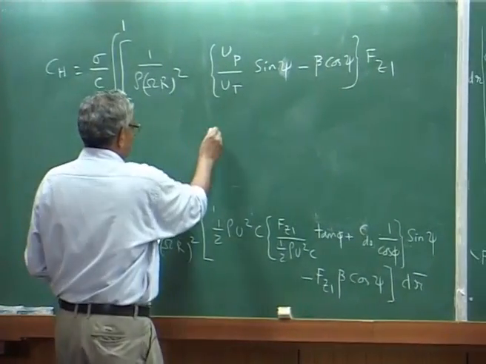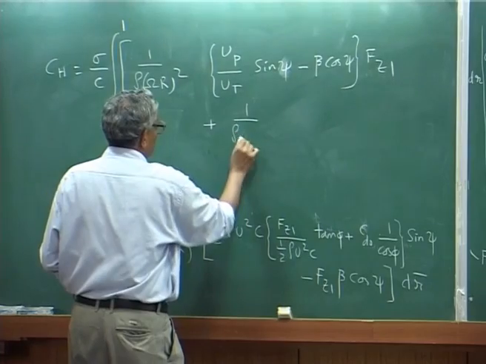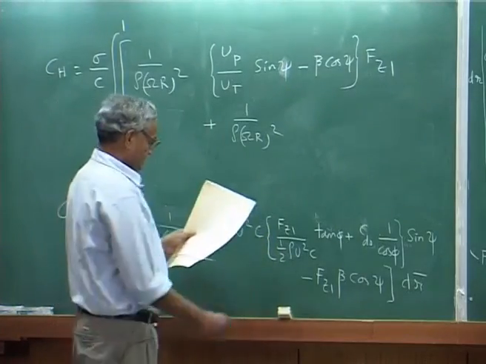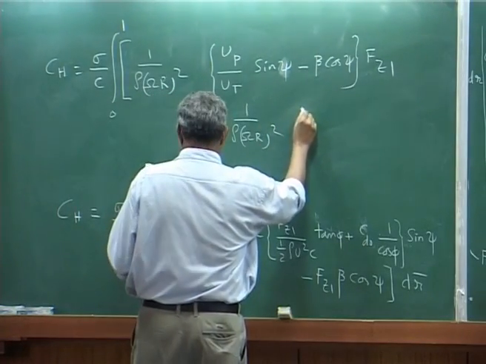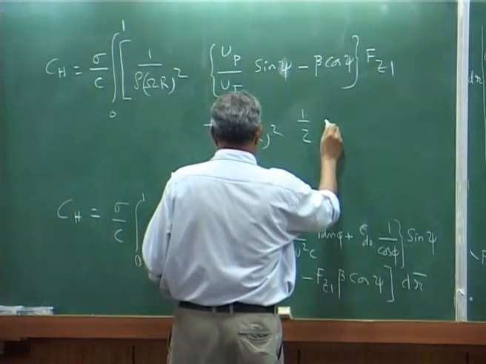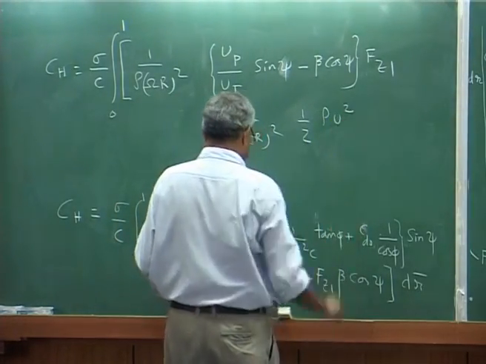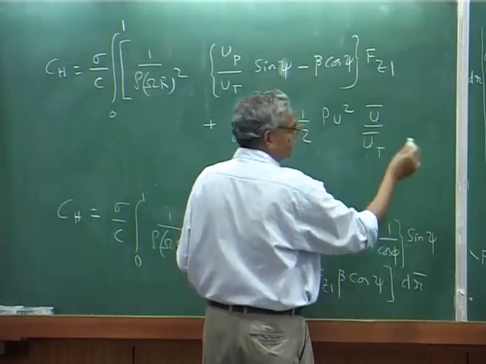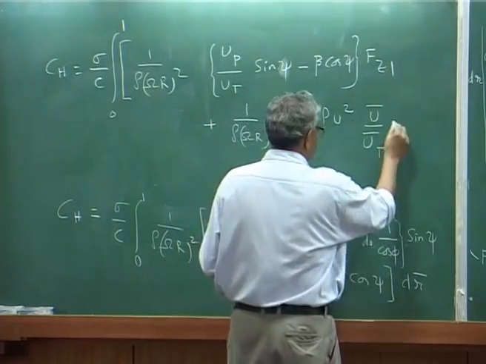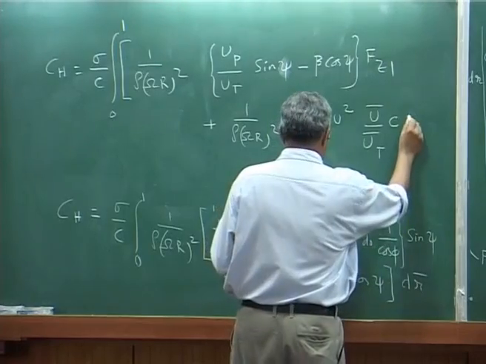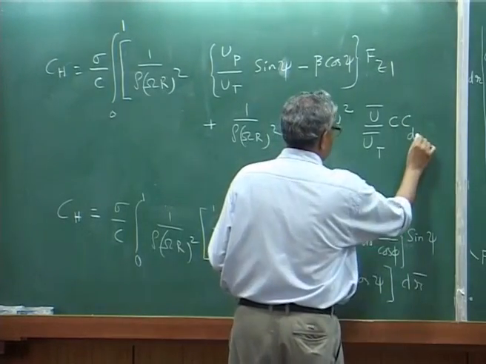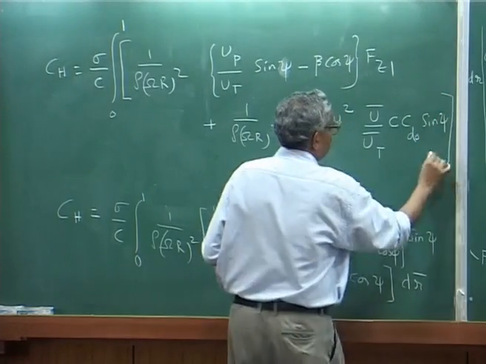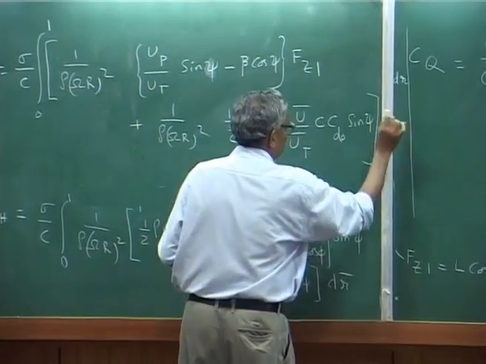After that, you will have plus 1 over rho omega r, that is this term, you have to take this term, half rho u square, you will have u bar by u t bar, this is cosine phi, and you will have a card, then there is a CD 0 and sin psi, and this entire thing is bracketed dr bar.